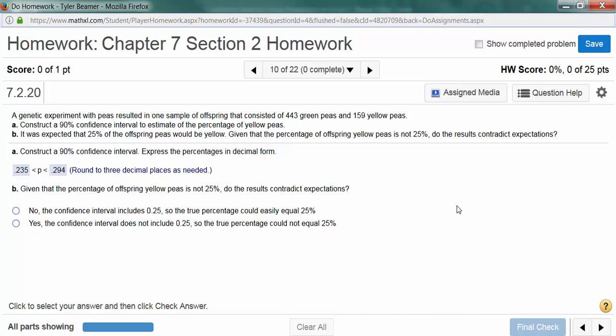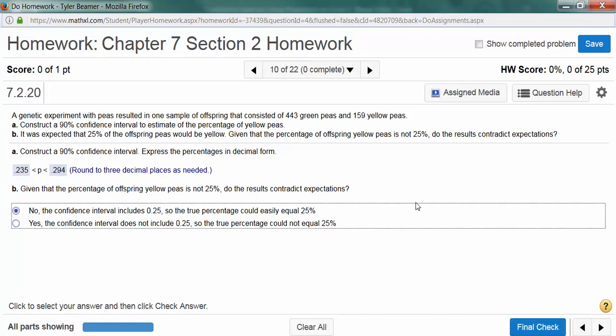And yes, the confidence interval does not include 0.25, so the true percentage could not equal 25%. And so if you look at our confidence interval, the true population proportion, which is stated to be 25%, is in our interval, right? 25% would be between 0.235 and 0.294. So that would be our answer here. So there is no contradiction.